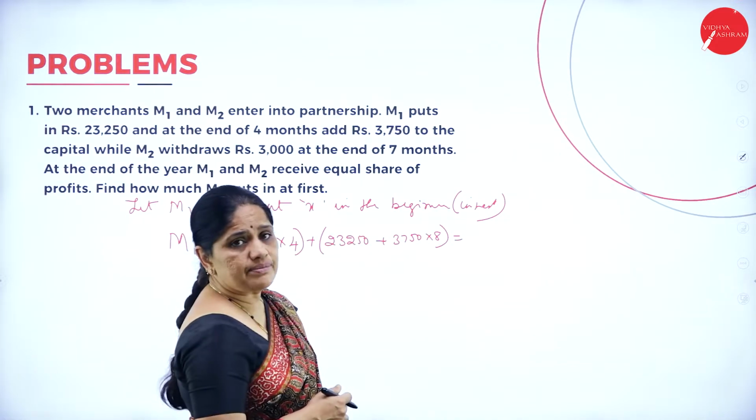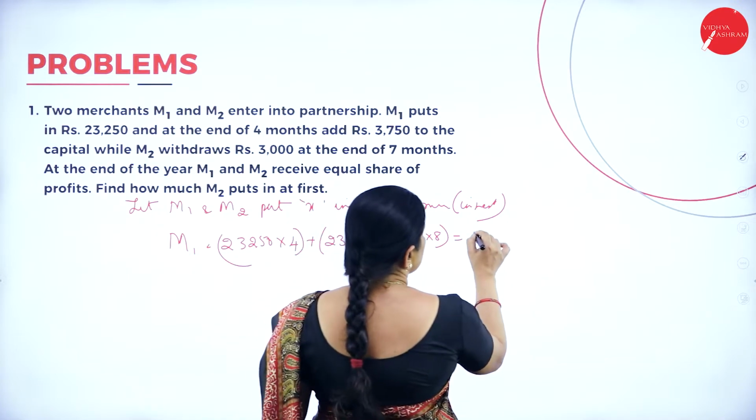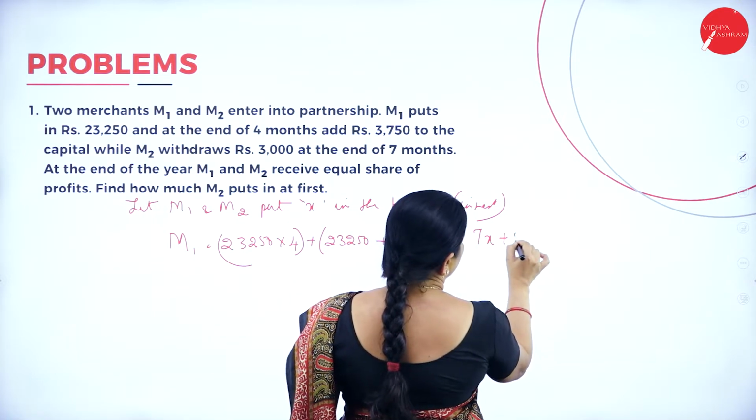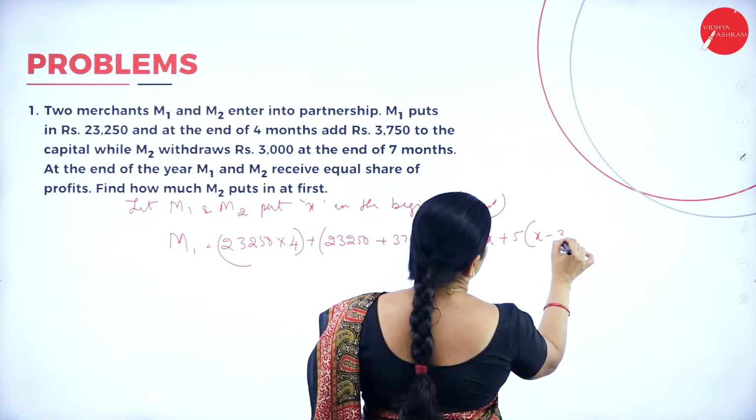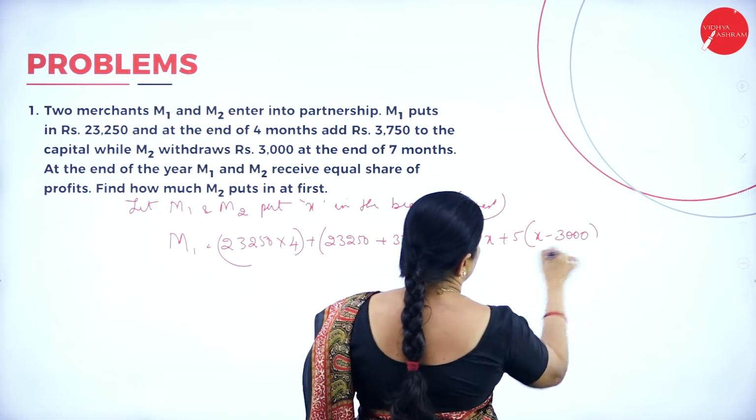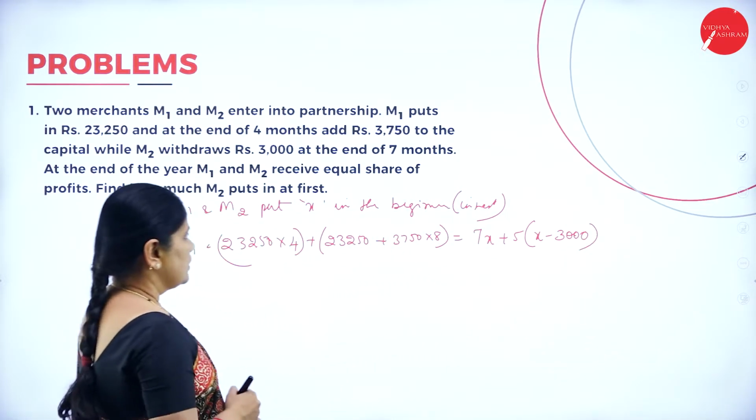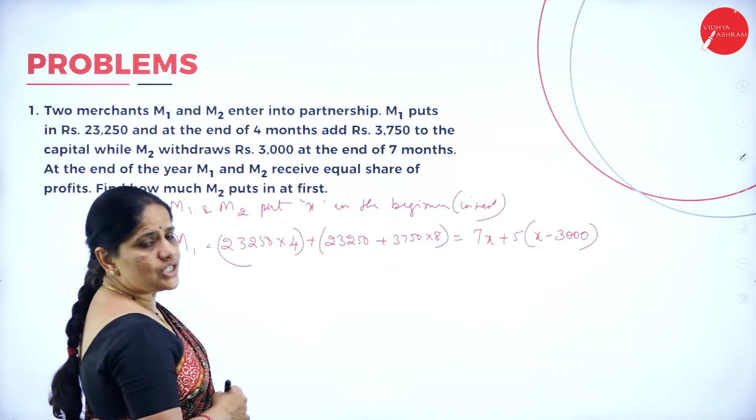What is the investment of M2? I write 7x plus 5 into x minus 3,000. So we got this equation here.